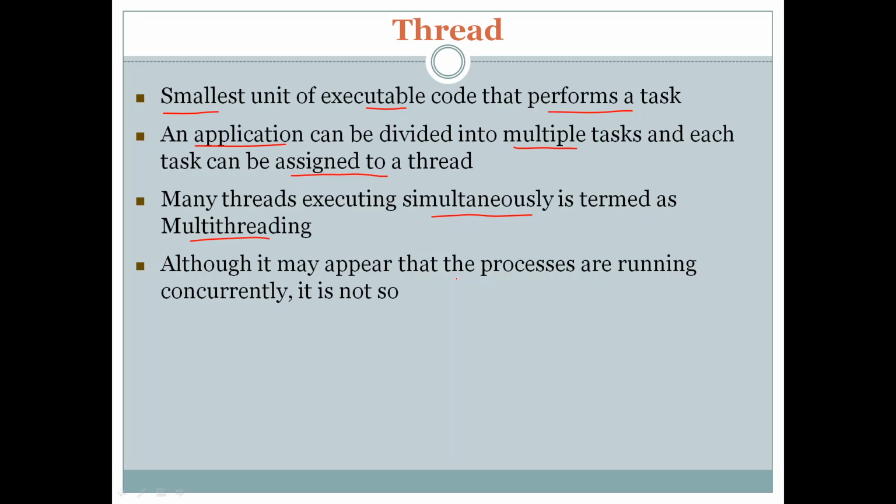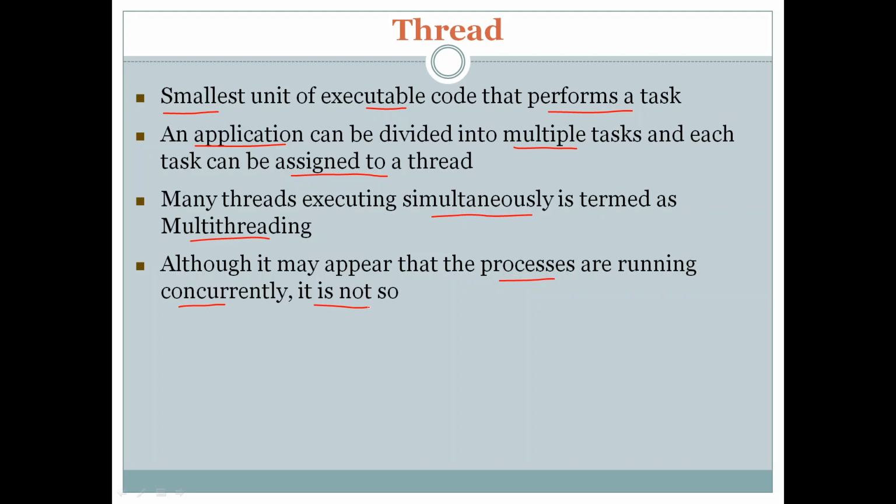Although we may say that all the processes are running concurrently or simultaneously, it is not so. The processes are generally executed sequentially, but there is switching between the processes, and that switching is so fast that we feel like it is executed simultaneously.